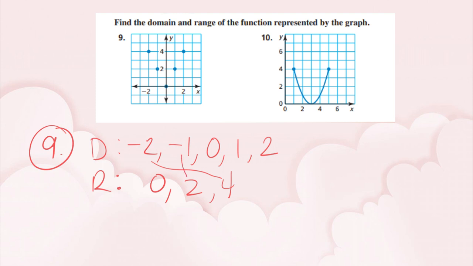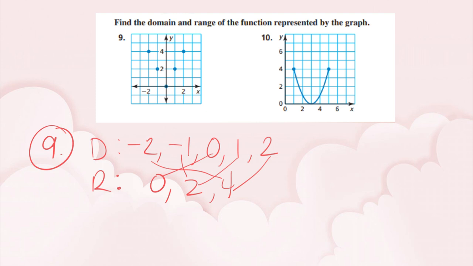And my 0 goes with the 0. And my 1 goes with the 2. And then finally my 2 goes with my 4. So you're going to have repeated. Correct?